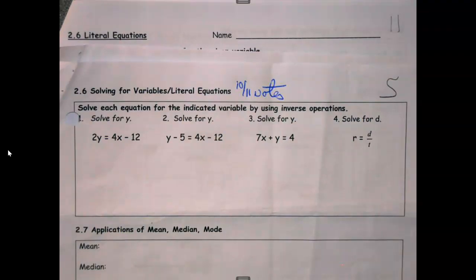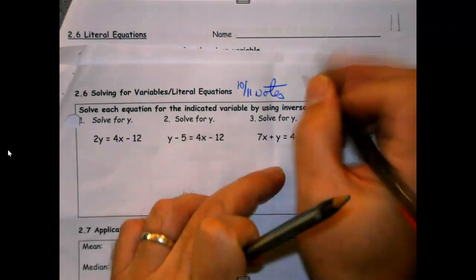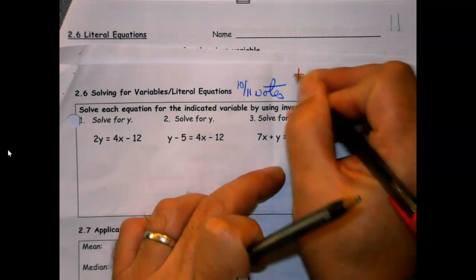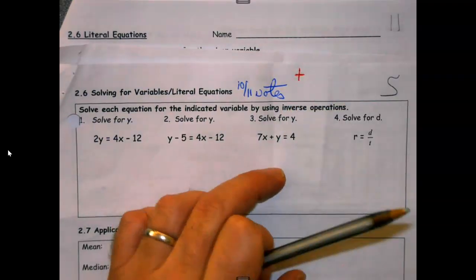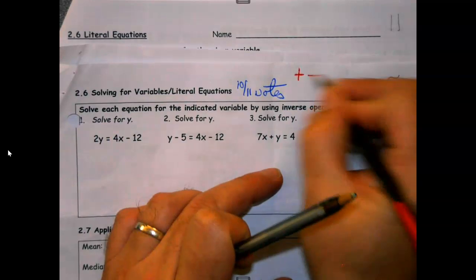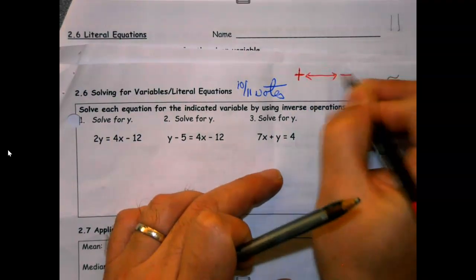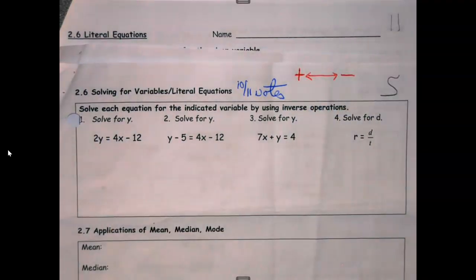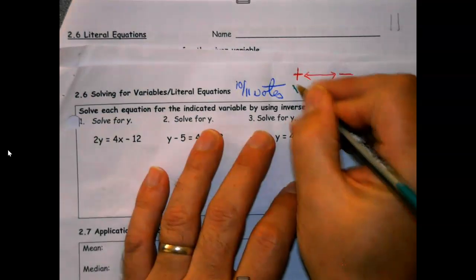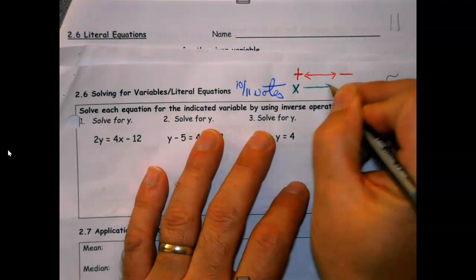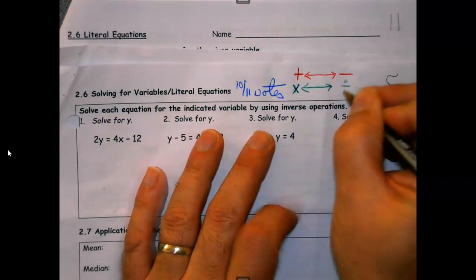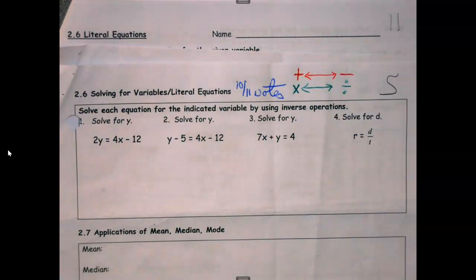So here's how this works. Somebody answer for me, what's the opposite of adding? Subtracting. Okay, those are opposites. The opposite of multiply is to divide. If you have those two things up in the noggin or on the paper, you can do every single one of these.